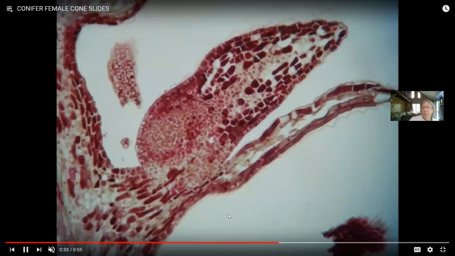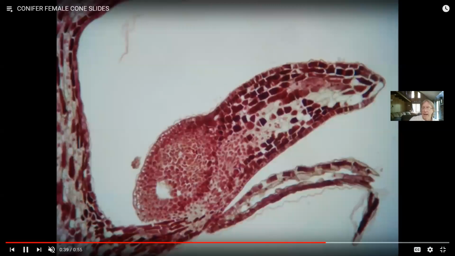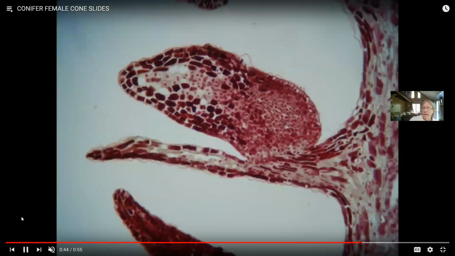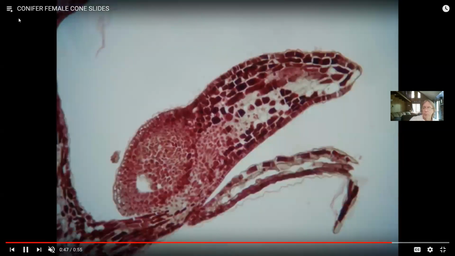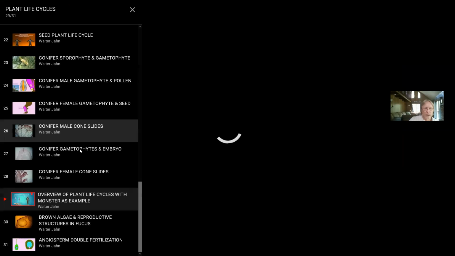And once again, it will form an archegonium with an egg to be fertilized. Right, so there's the egg. So here the cone is called the megastrobilus, with specialized leaves, megasporophylls, which then produce the female gametophyte.